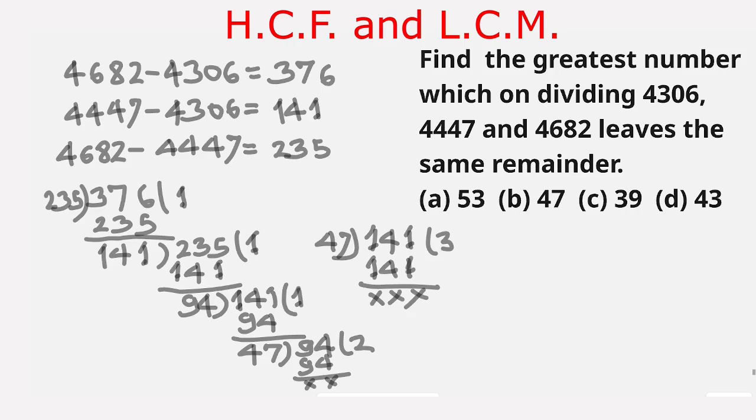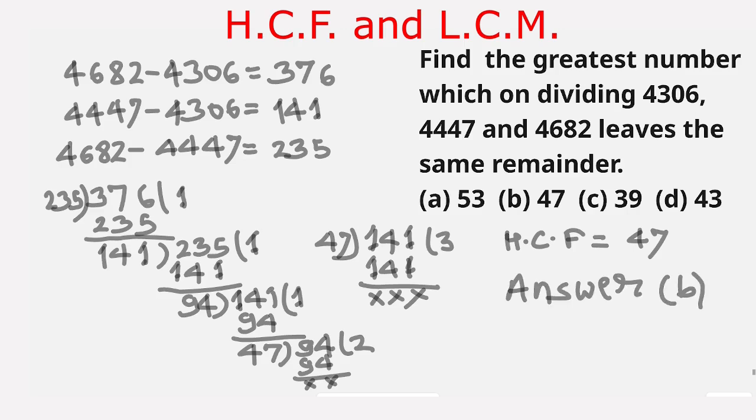It means that the HCF is 47, and this is that greatest number which on dividing 4306, 4447 and 4682 leaves the same remainder. And from the given options, our answer is option B, 47. I hope you have understood the method of solving such type of questions. We go to the next question.